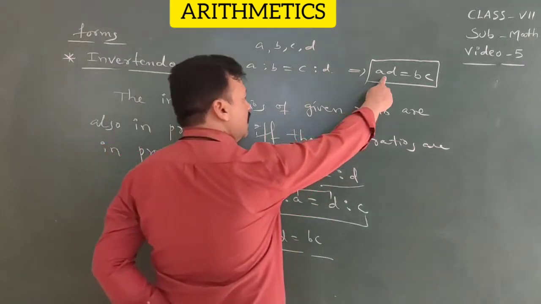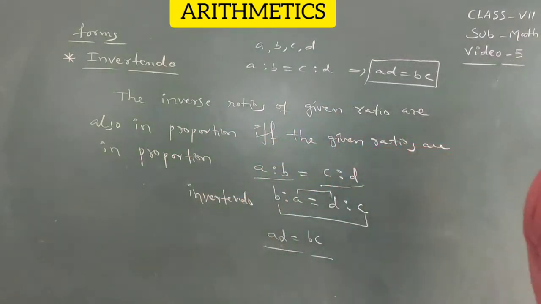Now we got AD equal to BC. Then we can change the inverse ratios.